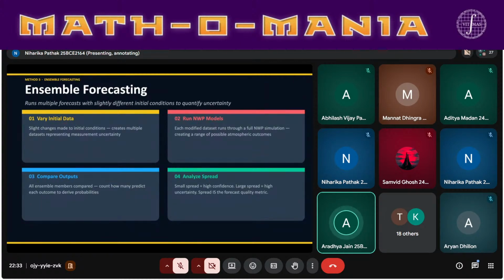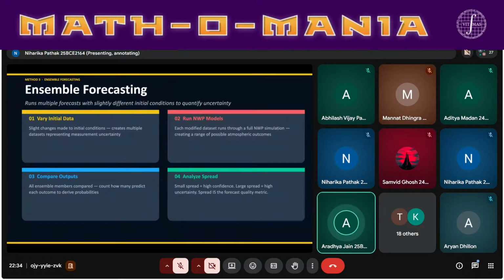Here, for the same grid, we create other simulations with slightly different initial conditions, and we do that quite a few times, so that we have a number of conditions and can get one particular outcome.